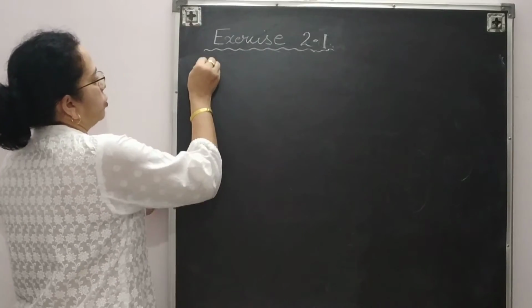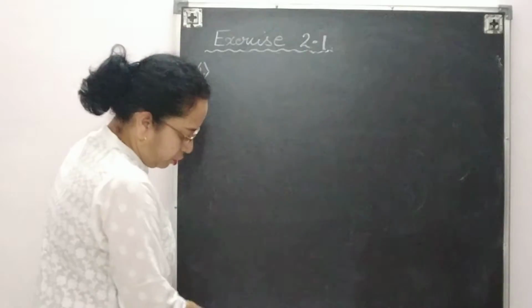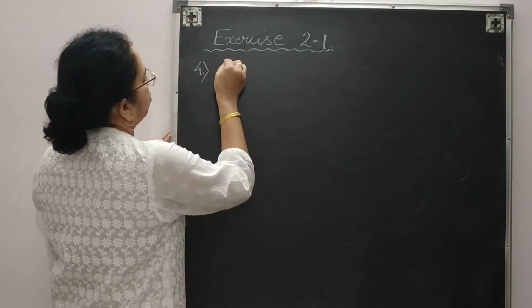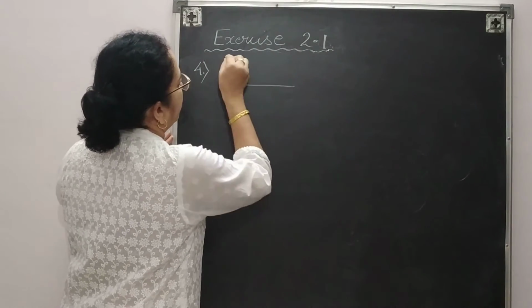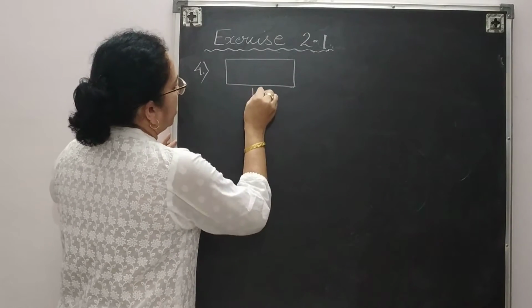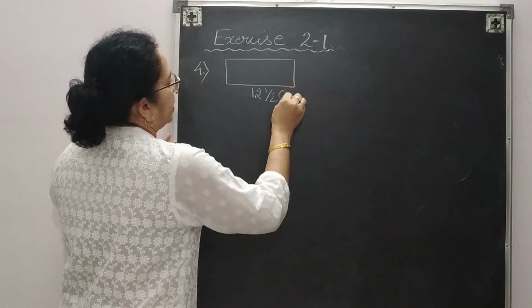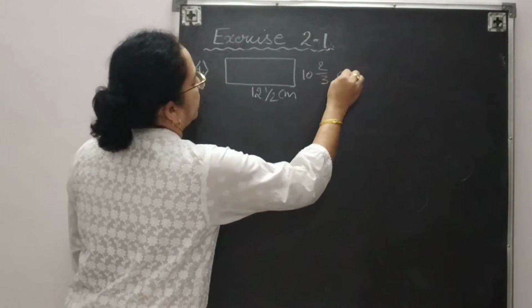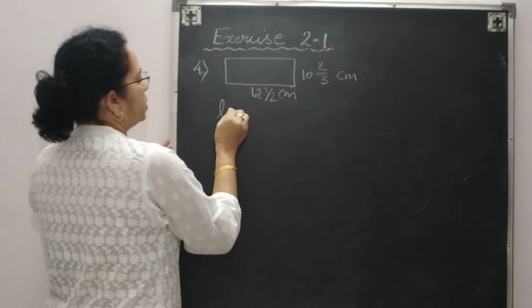Now I will go for question number 4. Question number 4 is a word problem. A rectangular piece of paper is given. So you can draw one rectangle whose length is given 12 and 1 by 2 centimeter and breadth is given 10 and 2 by 3 centimeter. So what is given here?